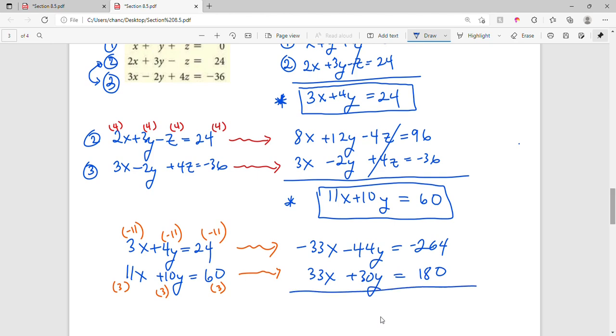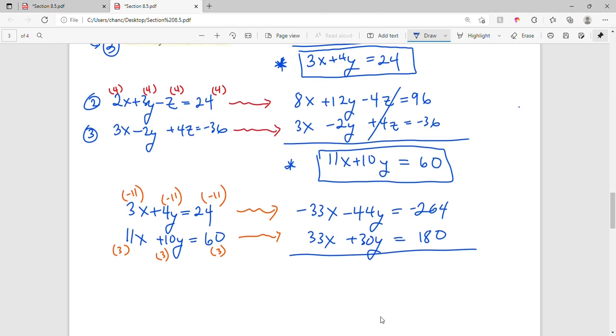Let's add this up, and since we have negative 33x and positive 33x, they cancel out, leaving us with negative 14y equals, and we'll do the subtraction here. This should be a negative number. This is negative 84. Let's divide both sides by negative 14. And so y equals 6.